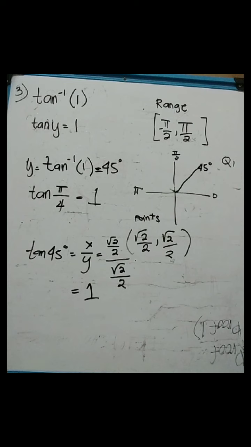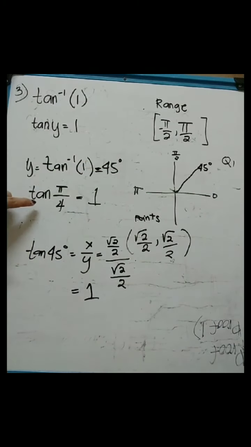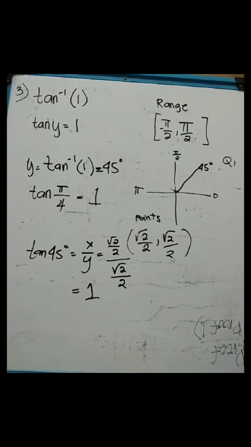So that means that y equals to arctan of 1 is equals to 45 degrees, which is the same as pi over 4. Tangent pi over 4 is equals to 1. So pwede nyo lang i-confirm using calculator. So that's for our example number 3, and that's all.